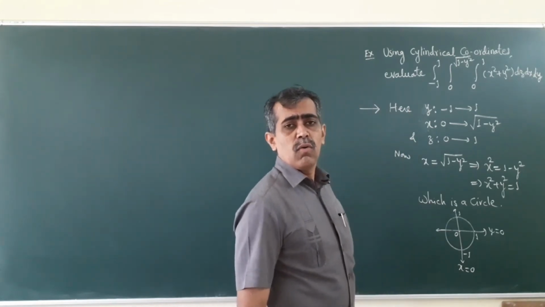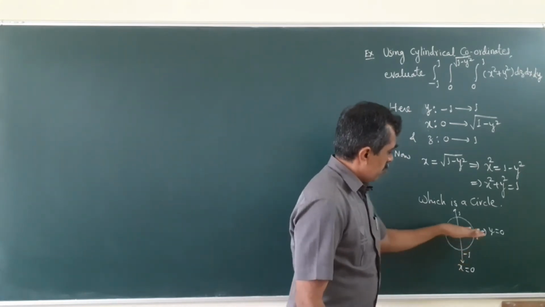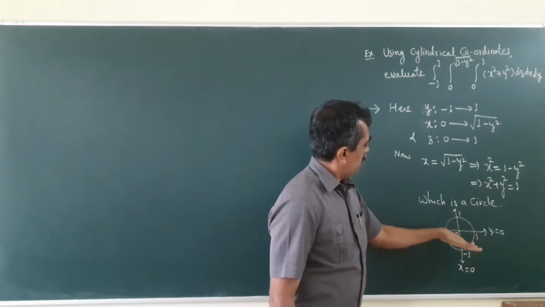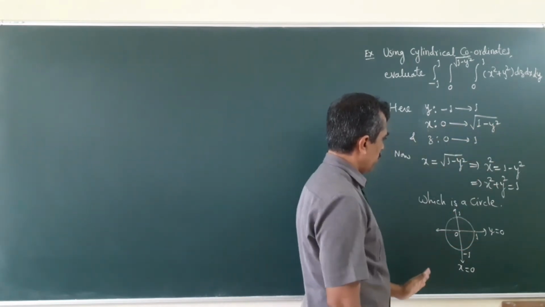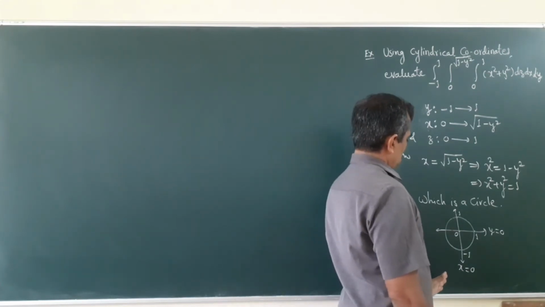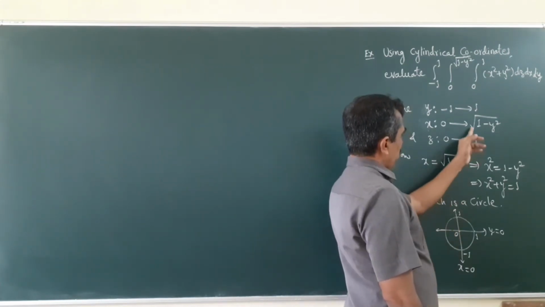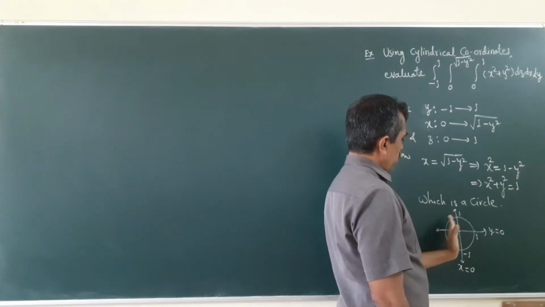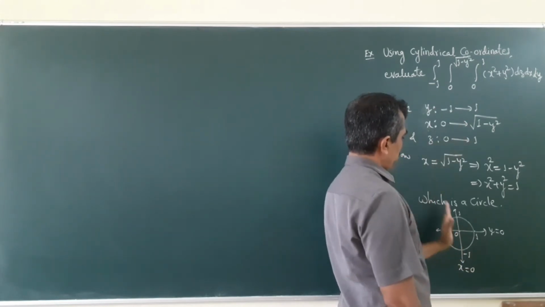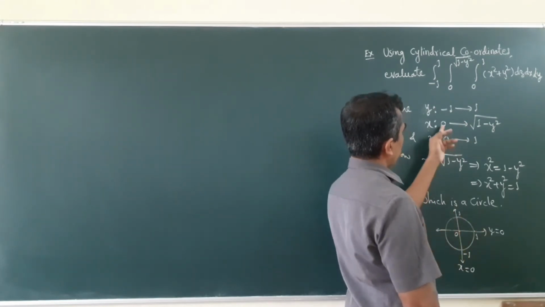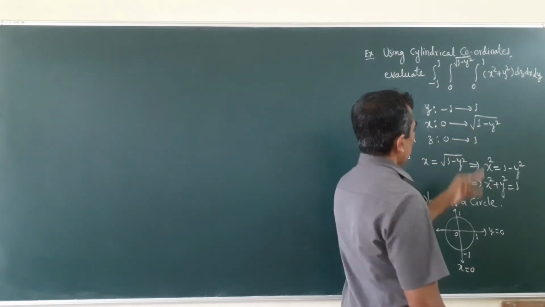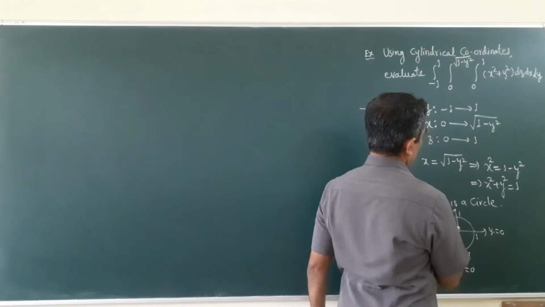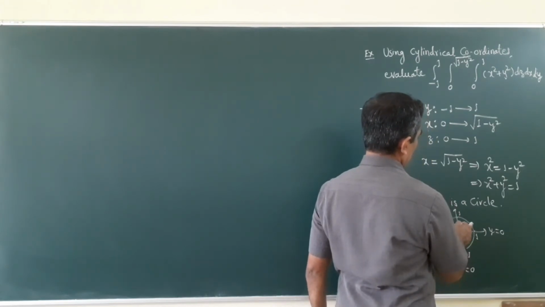Now x is positive. So where x is positive, x runs from 0 to this. That means your x runs from 0 to under root 1 minus y square.